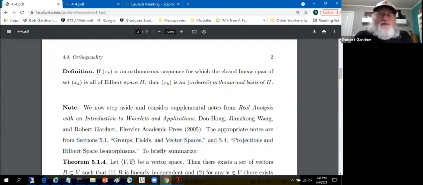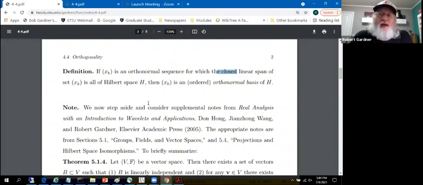First, if X sub k is an orthonormal sequence, okay, so it's a bunch of unit vectors, and they're all orthogonal. Inner product is 0 between any pair of distinct such vectors, for which the closed linear span of that set is all of Hilbert space H. That is, take all possible finite linear combinations, and close that topologically.